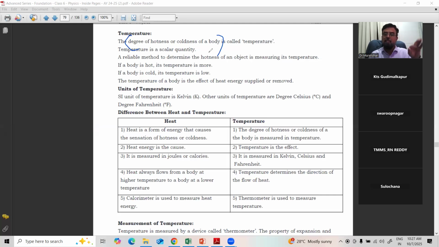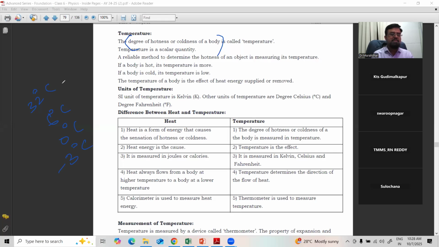We can feel it by touching, but we can use some devices to measure the temperature also. For example, summer temperature is 32 degrees Celsius. Winter, it may be 6 degrees Celsius or 0 degrees Celsius. Some places minus 3 degrees Celsius.